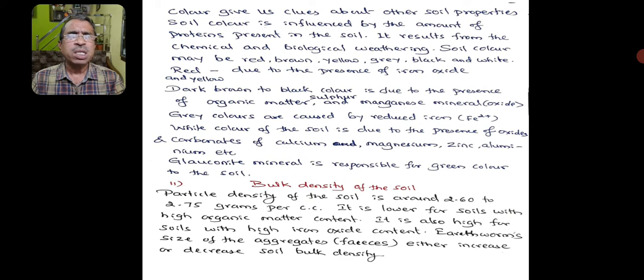Earthworms produce aggregates, that is the feces produced by the earthworms because of the degradation. So based upon that, the bulk density of the soil also changes. It increases with an increase in the number of earthworms and decreases if the earthworm content is low.